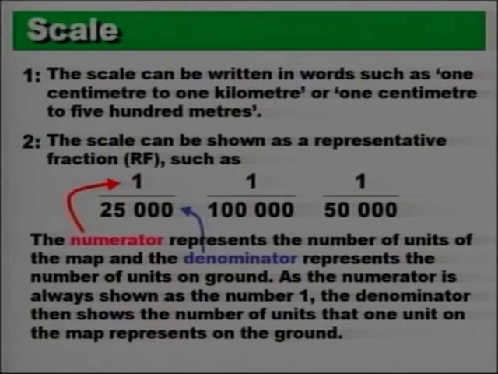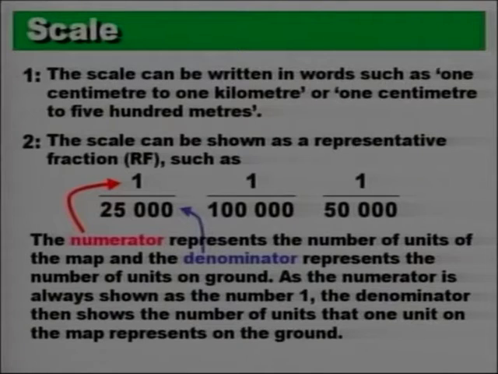An example given there as a statement: a scale of 1 centimeter to 1 kilometer, or 1 centimeter to 500 meters. You will see that the scale itself is in a statement form. It is in written words. And this is one way in which scales can be shown on any map, in written form or a statement.